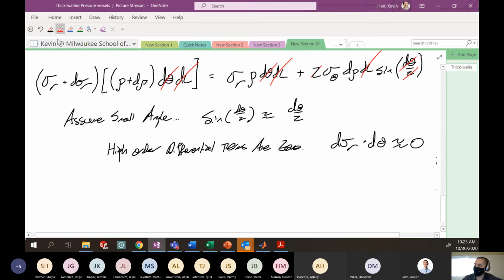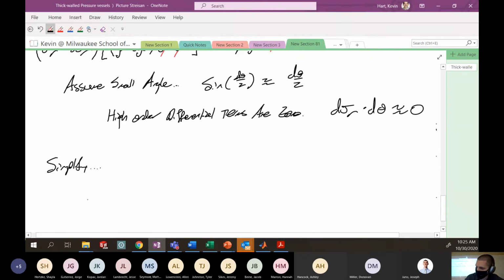All right, aside from that, if you simplify this out, you're going to end up with the following equation.